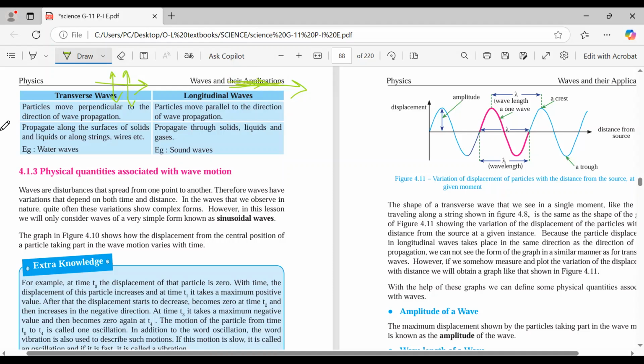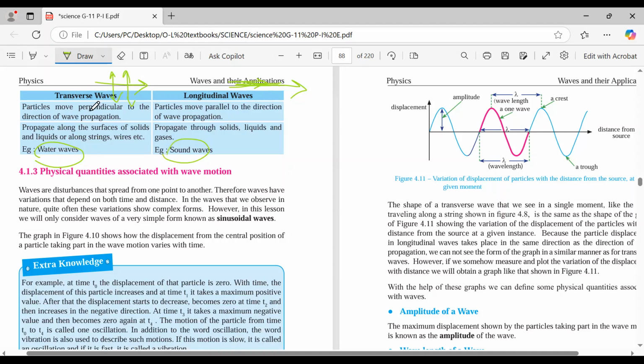Not up and down. Transverse waves propagate along the surface of solids, liquids, or along strings or wires. Example, water waves. Longitudinal waves can propagate through solids, liquids, and gases as well. Sound wave is the example.